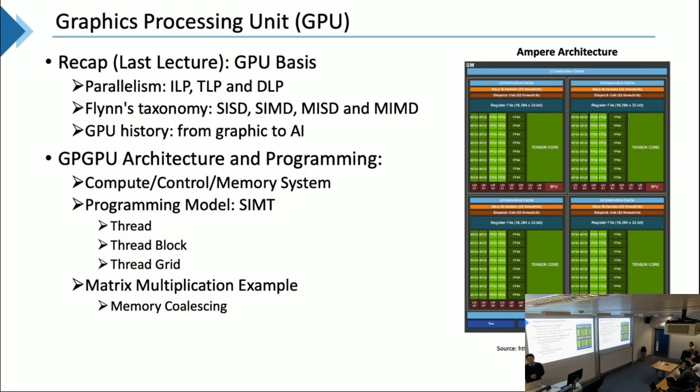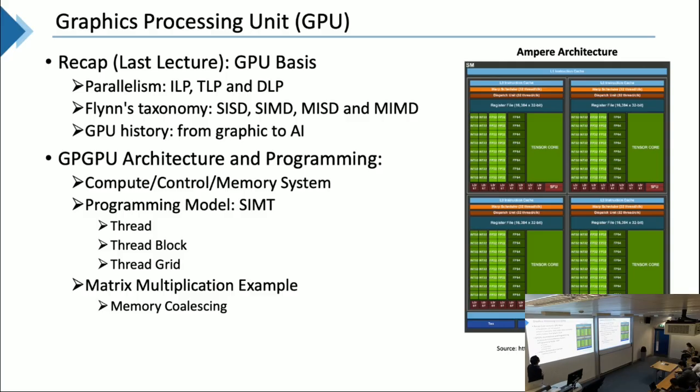The second parallelism we introduced is thread level parallelism. This is the parallelism that CUDA or GPU programming exploits a lot. Basically, you will have multiple threads, and each thread will have its own instruction stream. The third type of parallelism is data level parallelism, and I listed vectorization as an example, which is commonly used in modern CPUs.